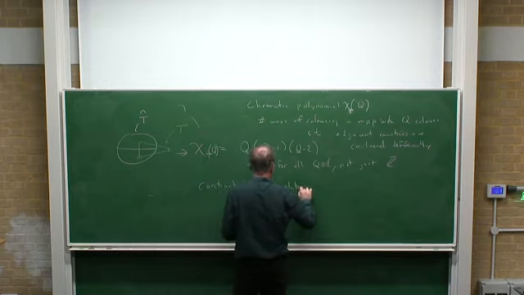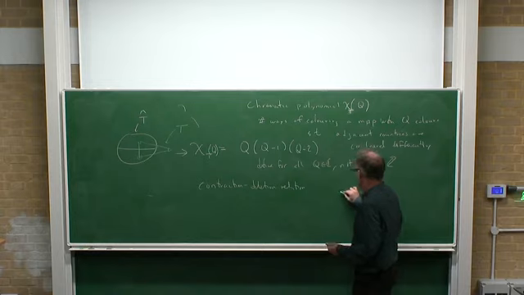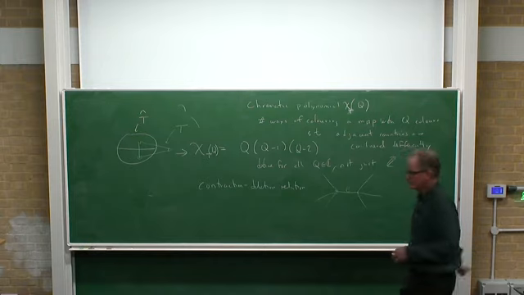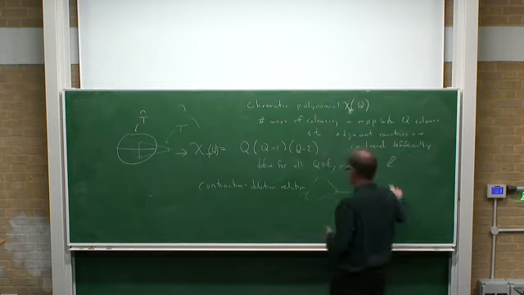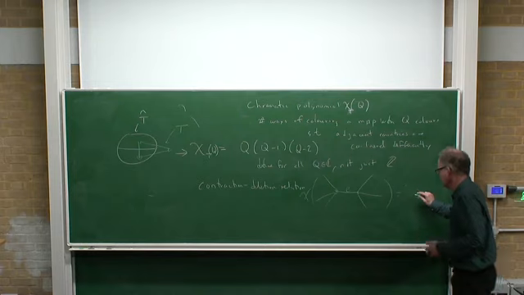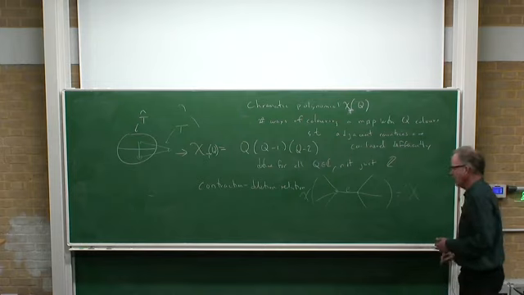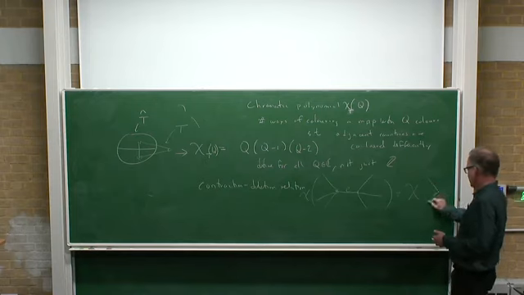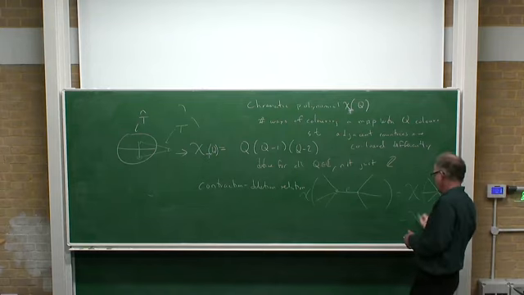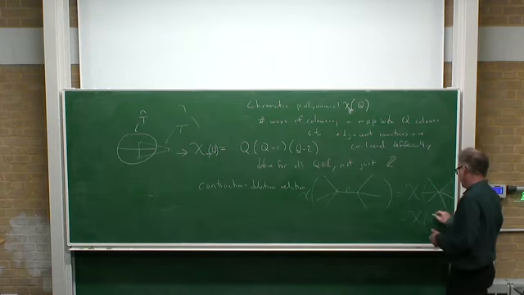What it says is, if I take any graph, and I've got some edge on the graph, then the chromatic polynomial of this thing will be equal to the chromatic polynomial of the thing where I contract the edge, minus the chromatic polynomial of the same thing with the edge deleted.